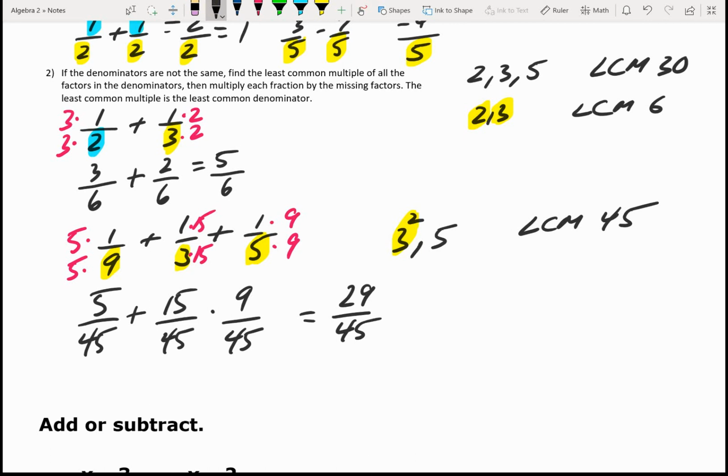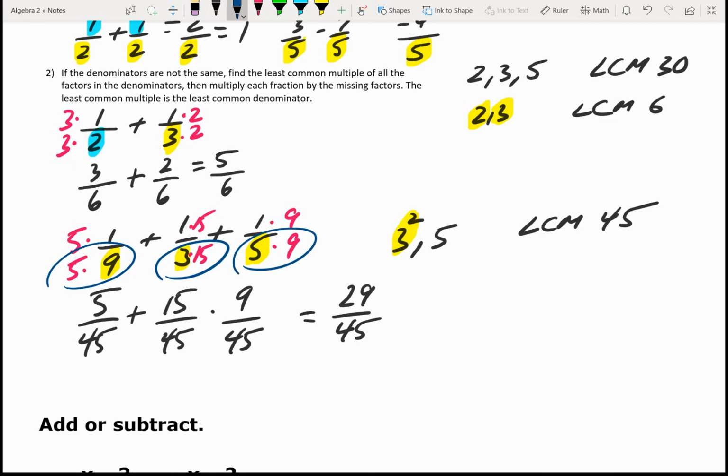Done. Okay, so my least common multiple was 45, or 3 squared and 5. I have to make sure I have both 3's and 1 5 in each denominator, and I did here. So 5 times 3 squared, 3 times 3 times 5, and then 5 times 3 squared.